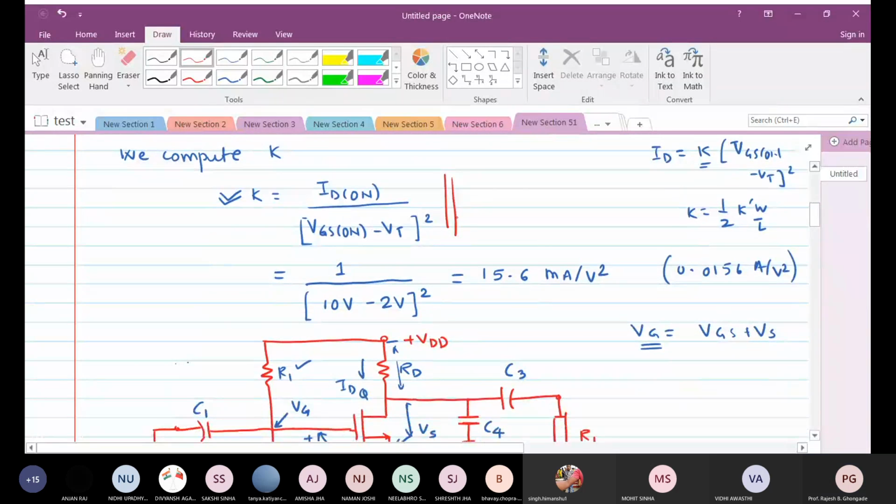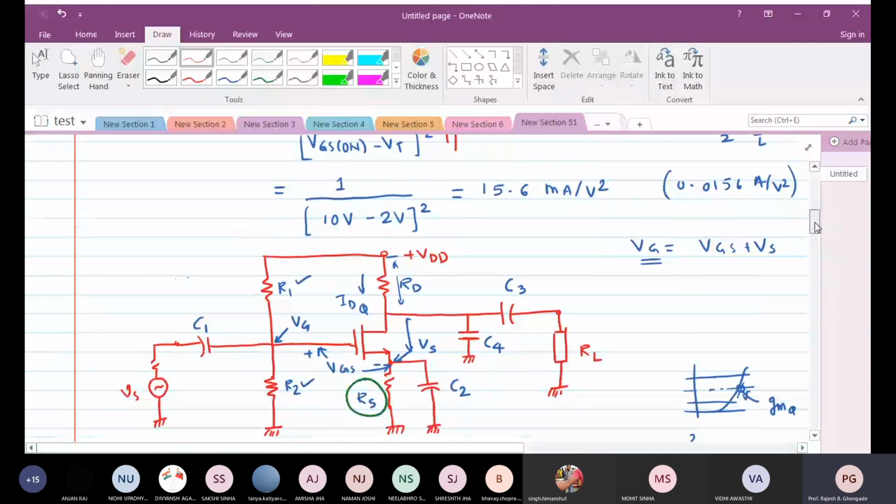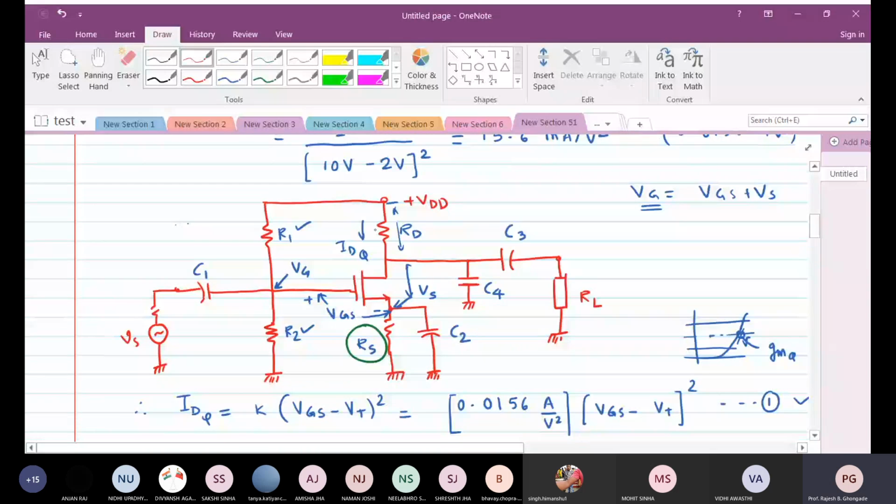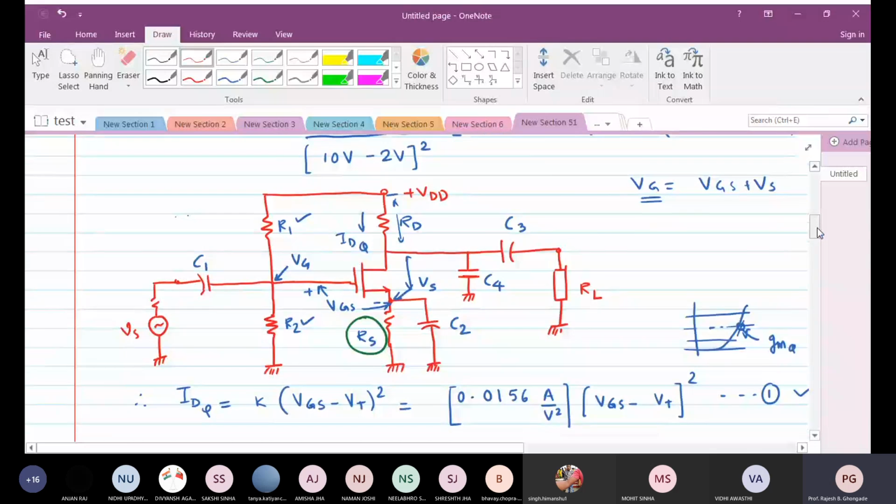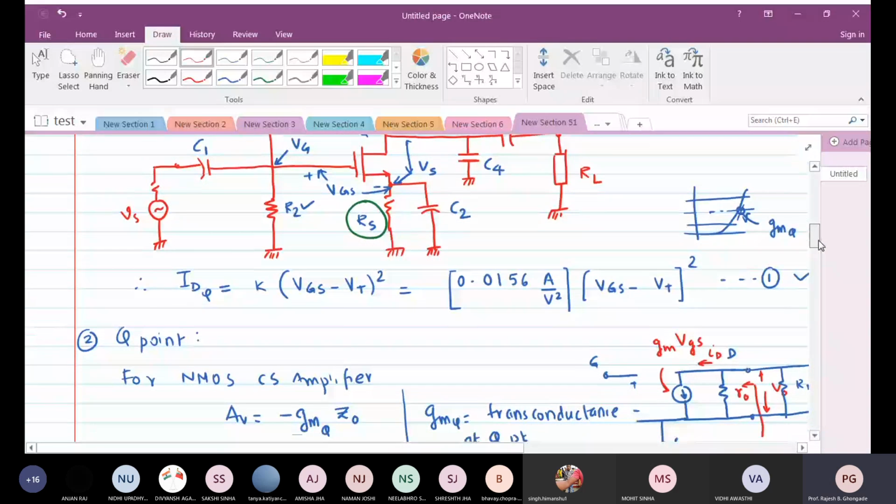We found that K was equal to 15.6 milliampere per volt square. Please note the units carefully. Then we saw the components we are supposed to design: RD, RS, R1, R2, C1, C2, C3 and C4. All the other things are available to us.